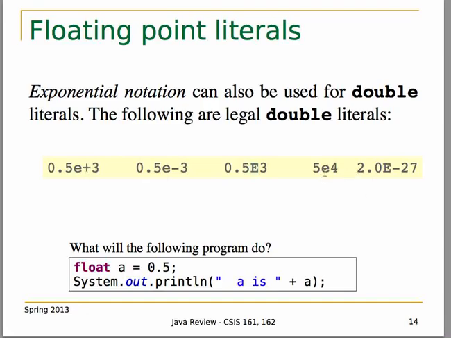And you can use exponential notation without the decimal point. It is still a double. So if you use the E, it becomes a double. If you use the decimal point, it's a double. And you can use 2.0, however many digits after the decimal, and exponent minus 27. And so you might want to try this out. This is pretty straightforward. There's no trick to this.